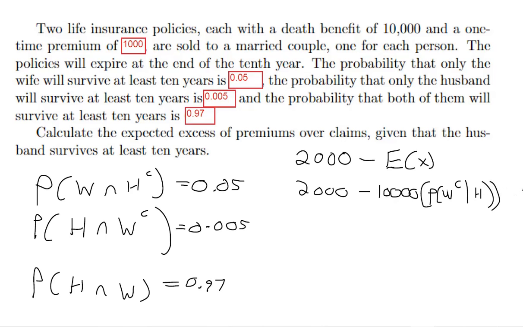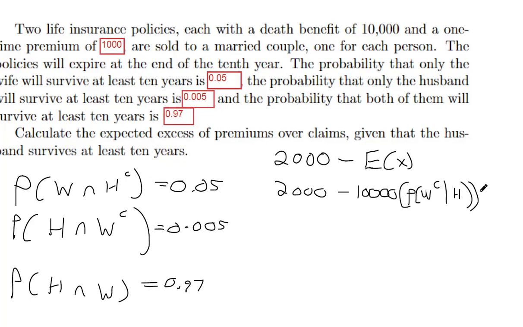If the wife lives, the insurance company doesn't have to pay out a death benefit. So those are our two possible outcomes if we're told that the husband survives.